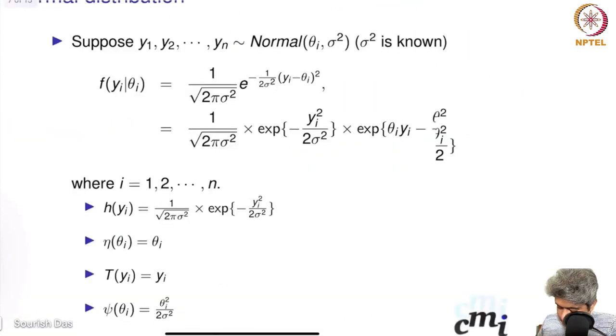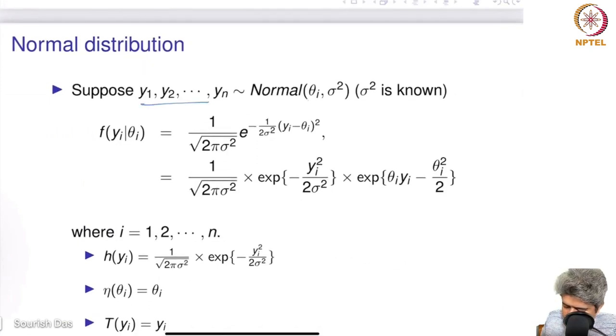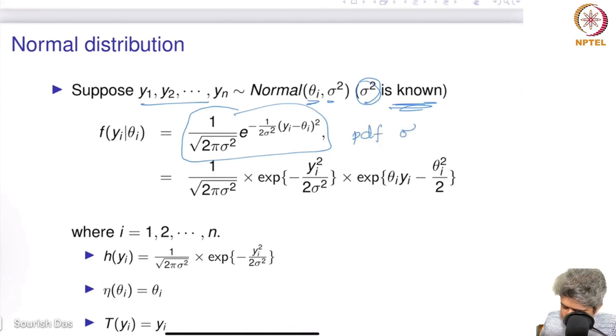Similarly, you can choose the normal distribution. Suppose y1, y2, ..., yn follow normal theta_i, sigma square, where sigma square is known. This is the PDF of the Gaussian or normal distribution.